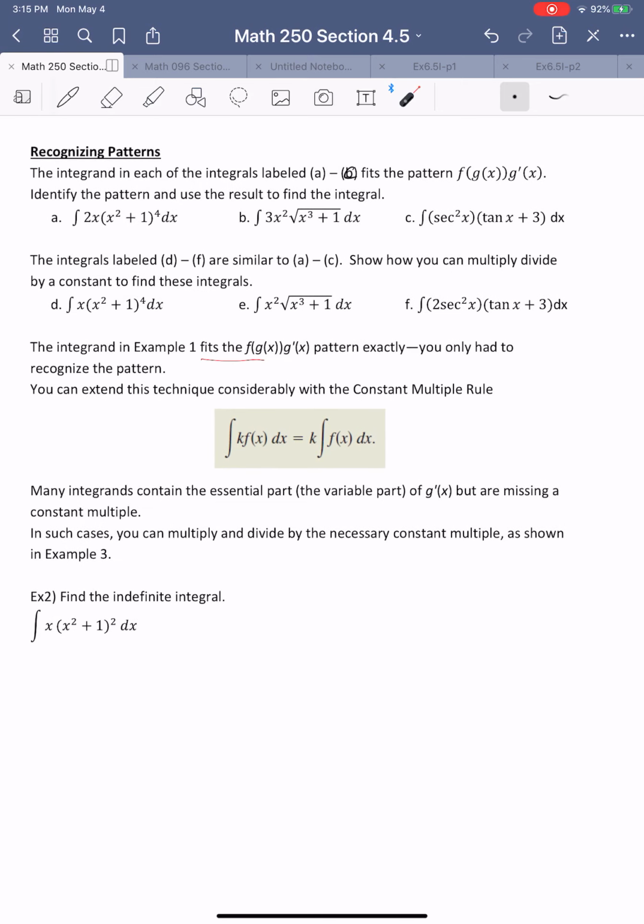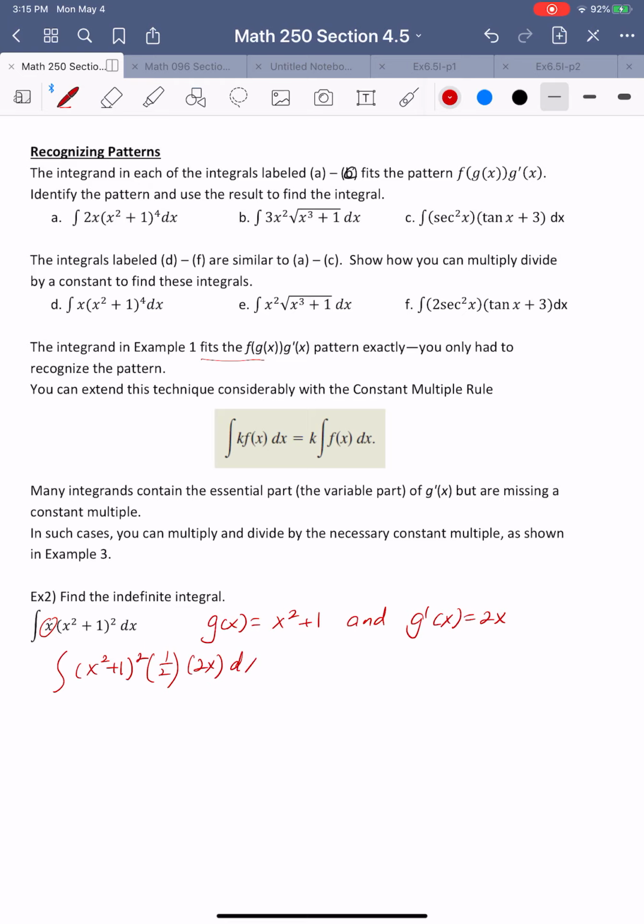If you recognize it, g of x is x squared plus 1, and g prime of x should be 2x, but I don't see the 2 here. So what I can do is manipulate it a little bit. The integral of the square of x squared plus 1, times one half, now I get 2x dx.